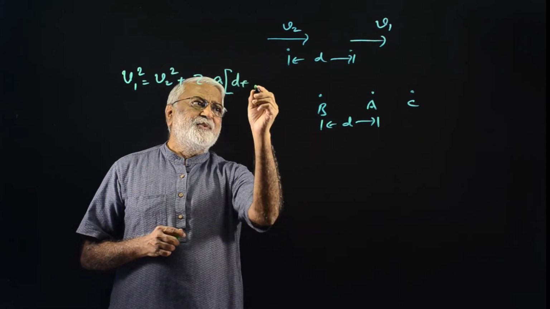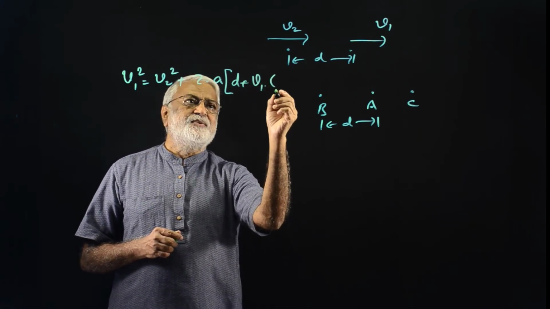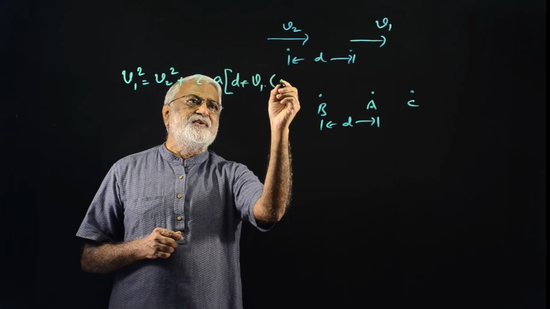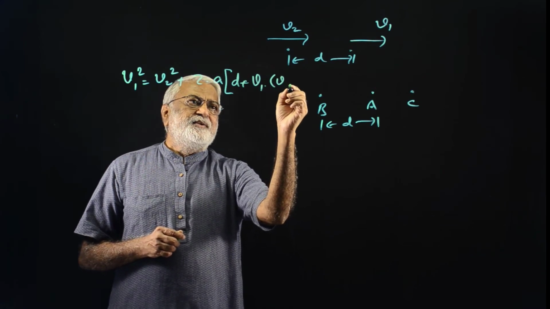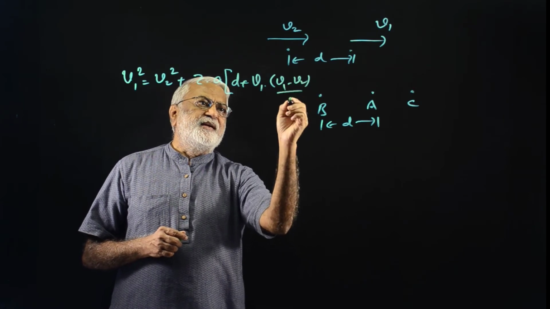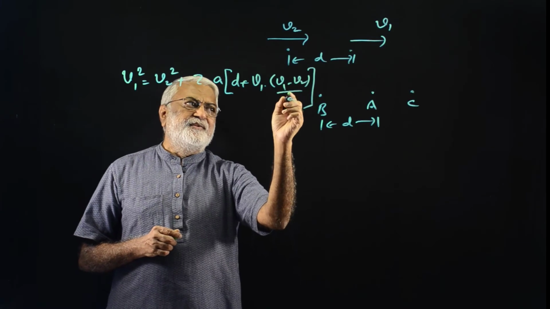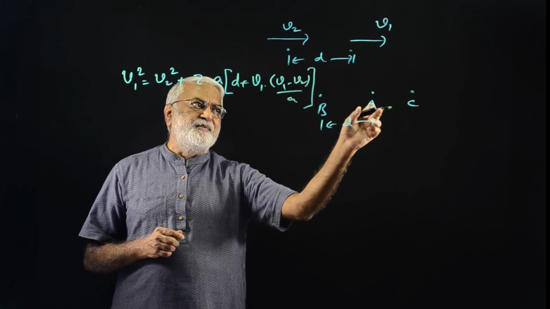AC is traveled at a speed of v1, so that's v1 into time. Time is what the speed of the truck at the back takes to reduce from v2 to v1, so v1 minus v2 by a. That's the time. So this is v1 into t for the distance AC moved by the truck at the front.